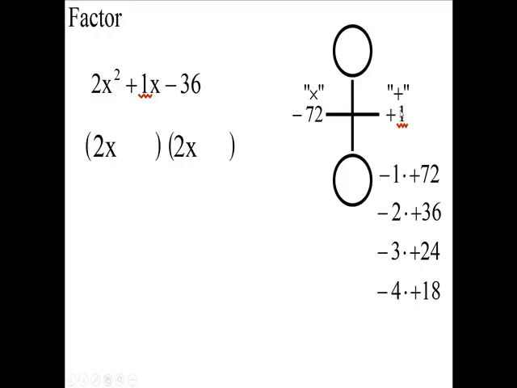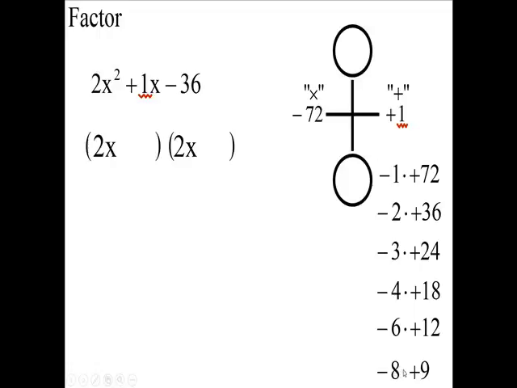We want to get a 1. Now 5 doesn't go into 72, but 6 does. 6 times 12 is 72. When you add these, you get 6. I'm not at 1 yet. I want to get a 1. Now 7 does not go into 72 evenly, but 8 does. Here we go, negative 8 and plus 9 is a plus 1.